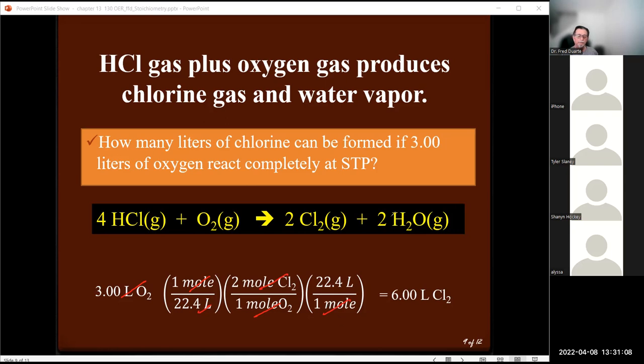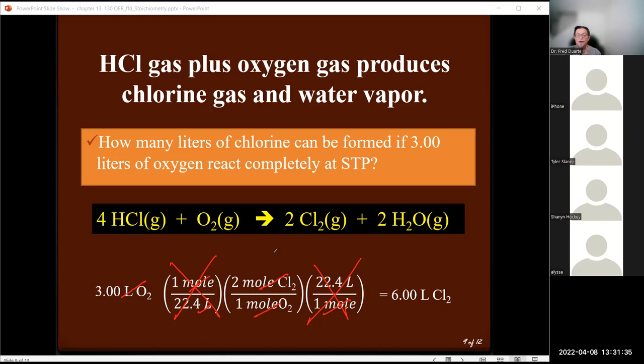Multiply 3 by 22.4 and 22.4 and... Well, think about this. Don't the 22.4s cancel each other out? Oh, right. So then it's simply the relationship, 3 times 2.